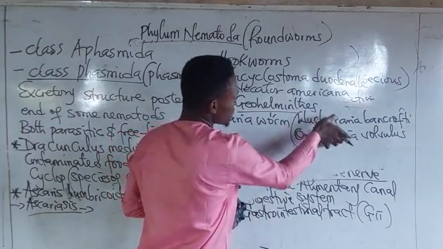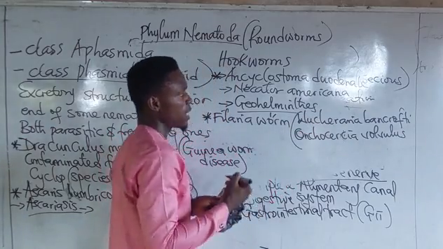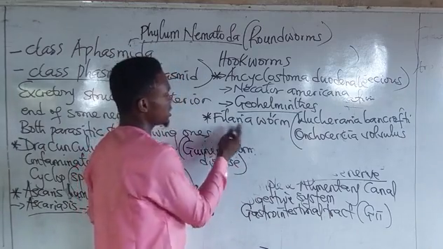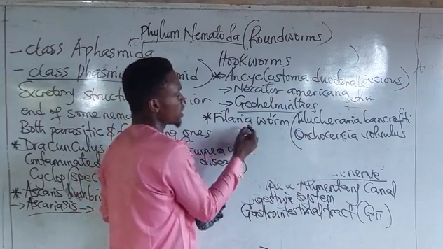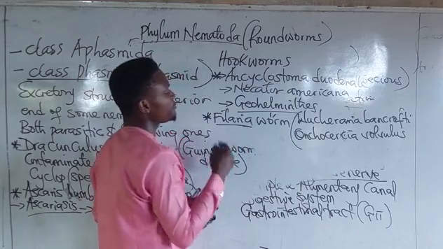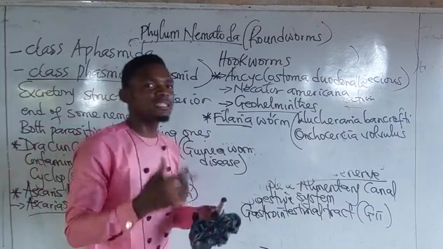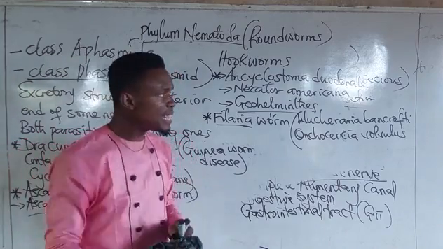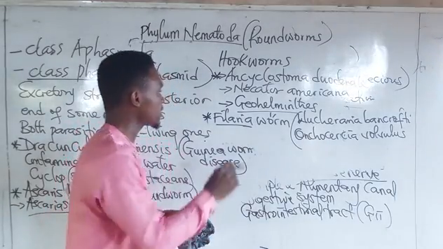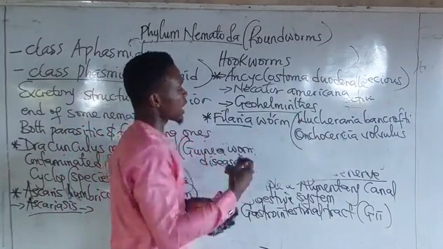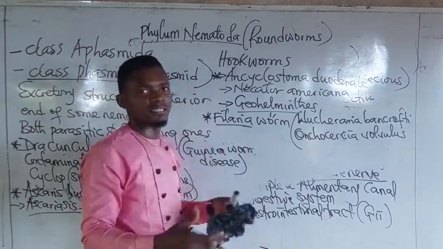Now, the disease caused by these worms we call filariasis, which means the disease is named after their own name. So the disease caused by these organisms is called filariasis in general.